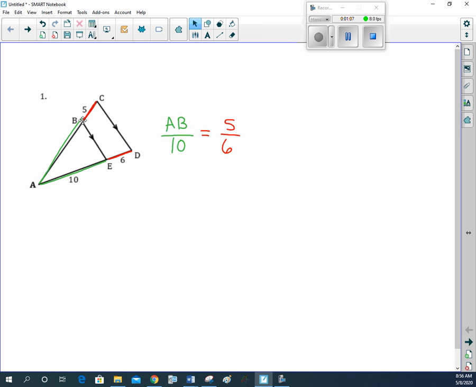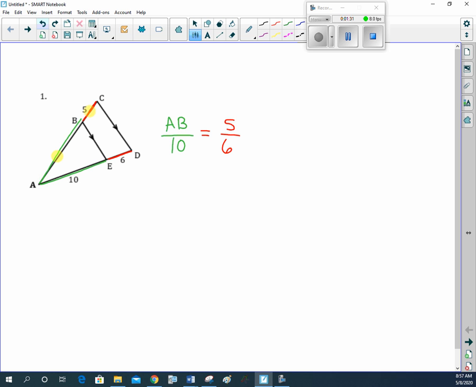Sometimes I go what I would consider saying top to bottom, top to bottom. See how there was a pattern there? Okay, so that's one pattern. The other pattern that you could think of maybe is going same side to same side. So I could say, okay, I'm going to start with AB to 5.